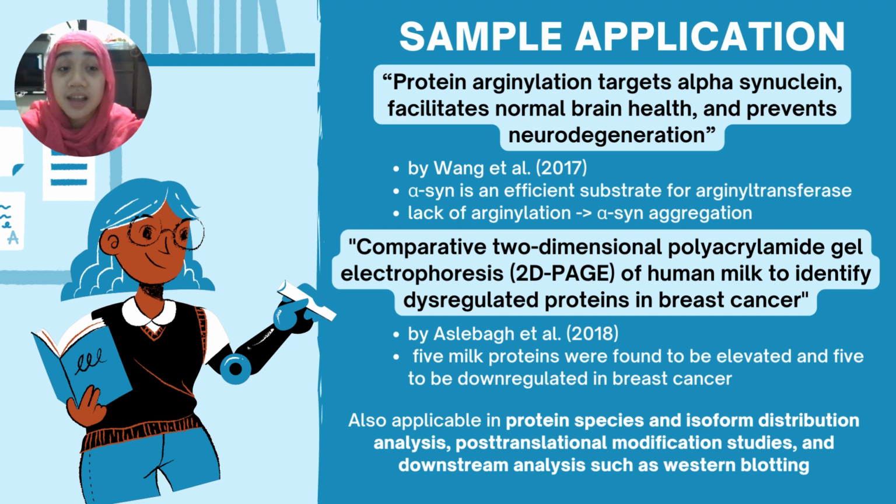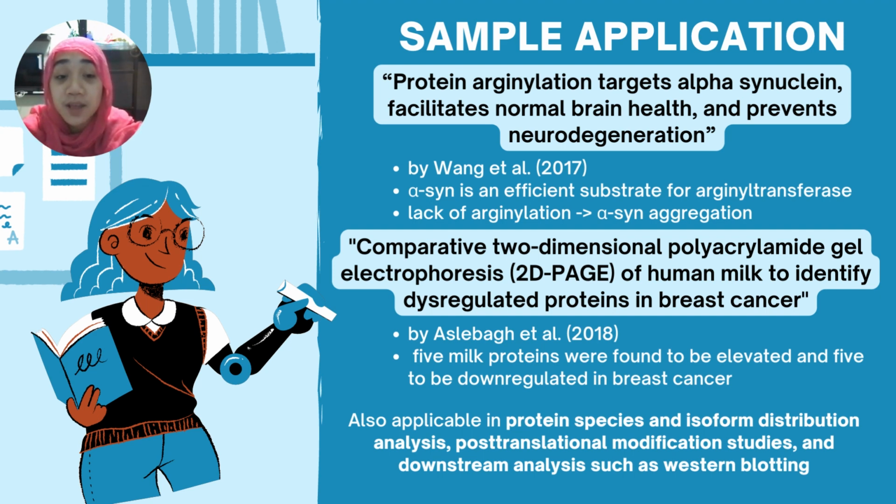Also, if there is a lack of arginylation, it could lead to alpha-synuclein aggregation that will impose pathological consequences. The researchers utilized 2D SDS-PAGE of a radio-labeled substrate to showcase the arginylated alpha-synuclein. Meanwhile, the native mouse brain's arginylated alpha-synuclein amino acid residues were identified using mass spectrometry.